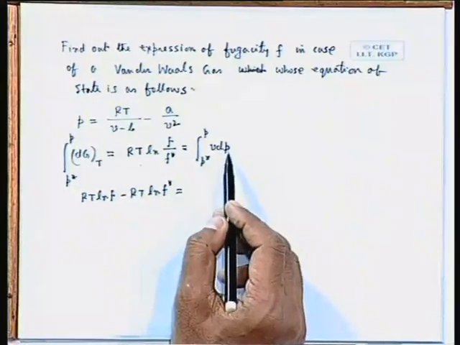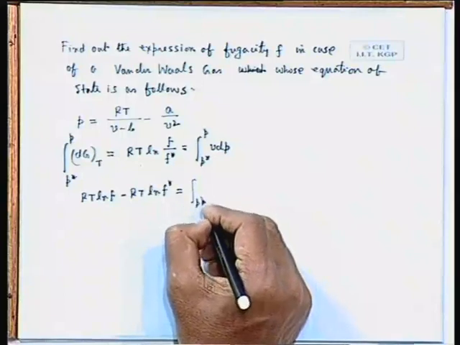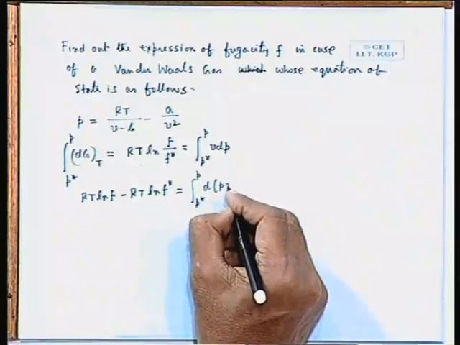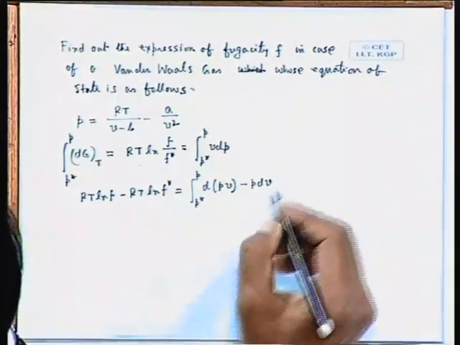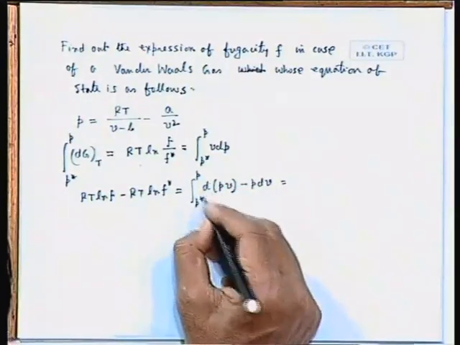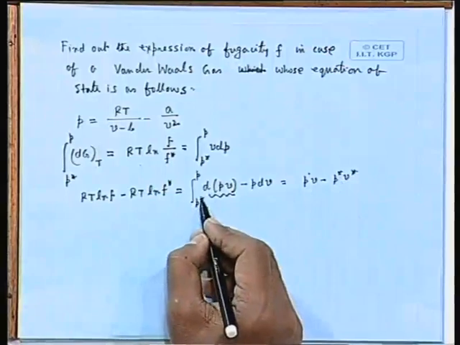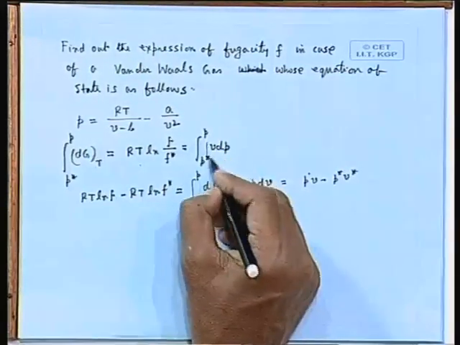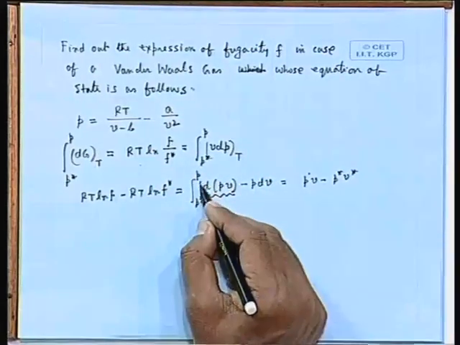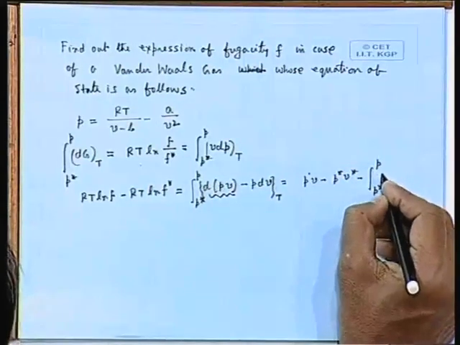So instead we write the integral of V dP as the integral of d(PV) minus P dV. The integral of d(PV) from P* to P gives PV minus P*V*, where V* is the corresponding volume at the reference state P*, and V is the corresponding volume at the state P. These are all done at constant temperature. Then minus the integral of P dV.